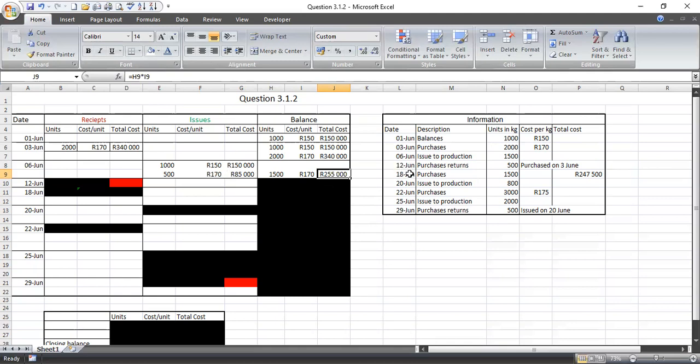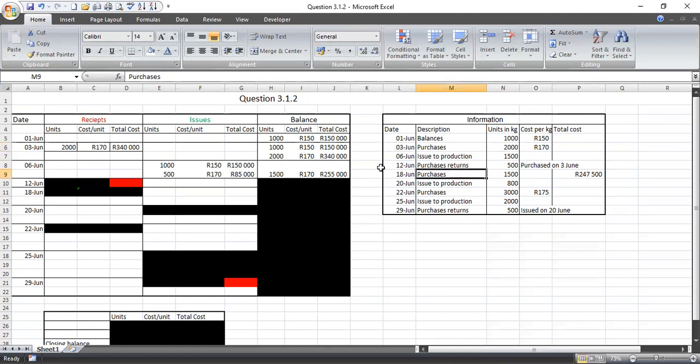So now that we have calculated our total on the 6th of June, we can move over to our next transaction, which is on the 12th of June. On the 12th of June, we are told that there are purchases returns of 500 units, which relate to the purchases on the 3rd of June. So they relate to these transactions, right?